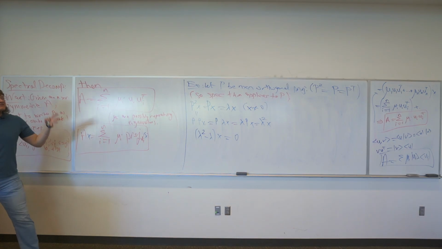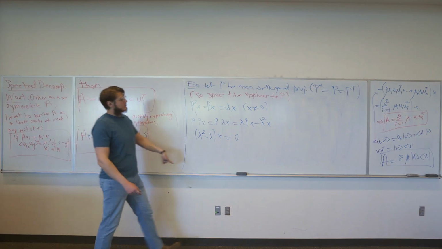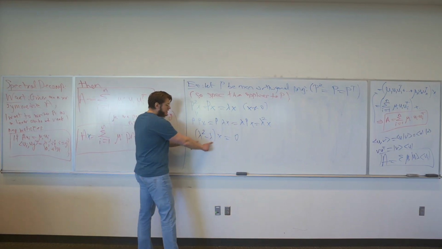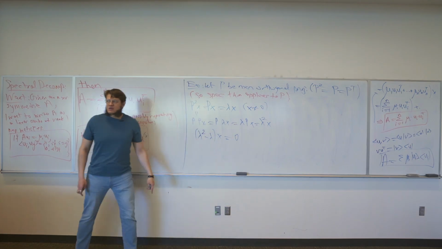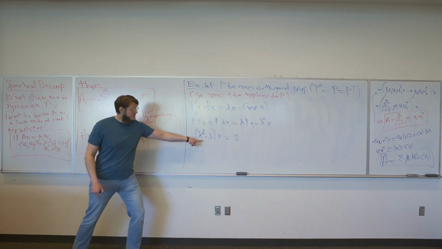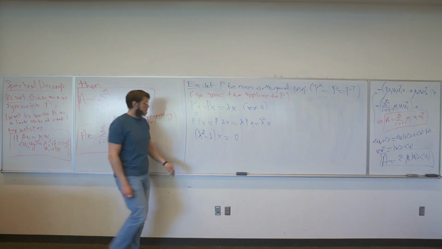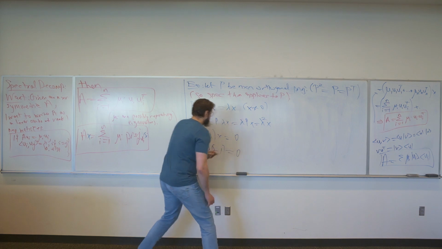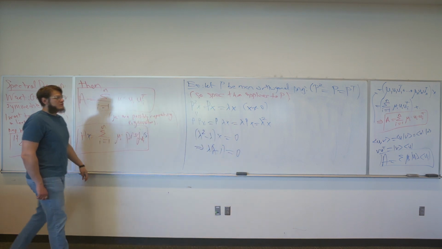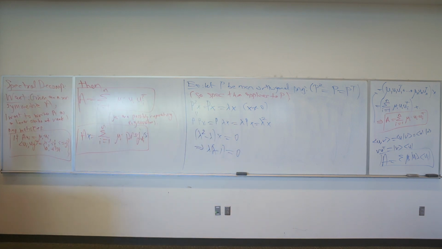So I'm saying x is some non-zero vector such that if I were to use this specific scalar, that scalar multiple is 0. The only way that can happen is if the scalar itself is 0, which means any eigenvalue of P has to be either 0 or 1.